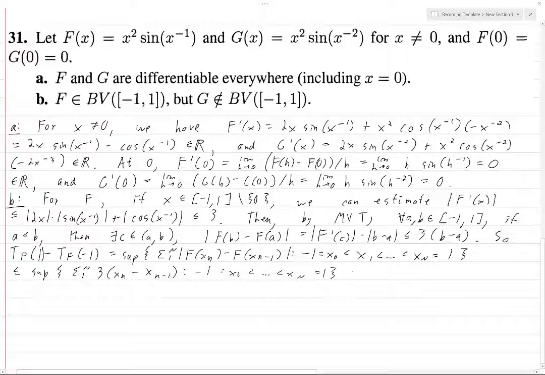These are all between -1 and 1, so when we add these all together, they're going to be 2. So this is equal to 3 times 2, and that is 6, and that's less than infinity.